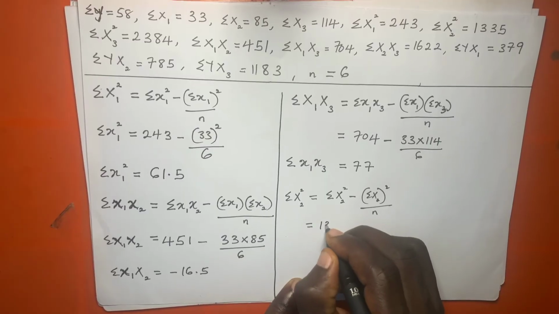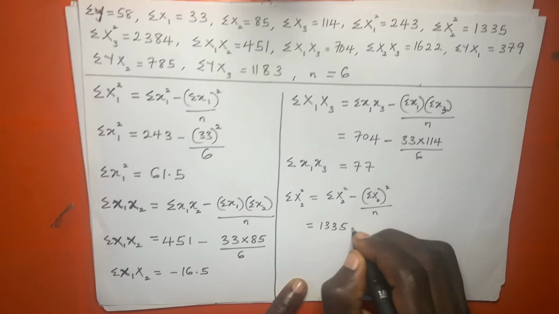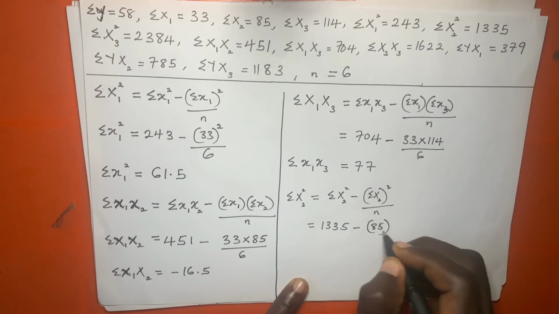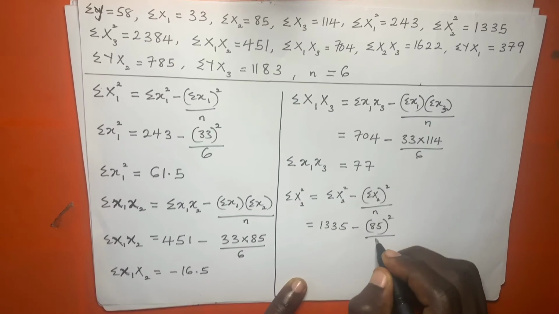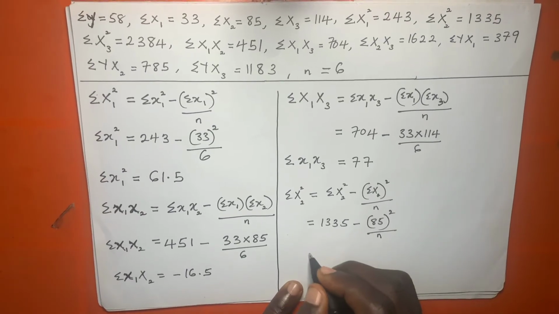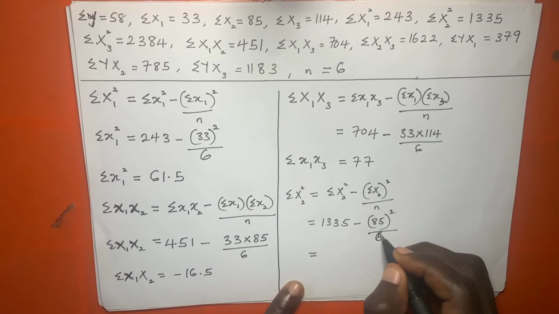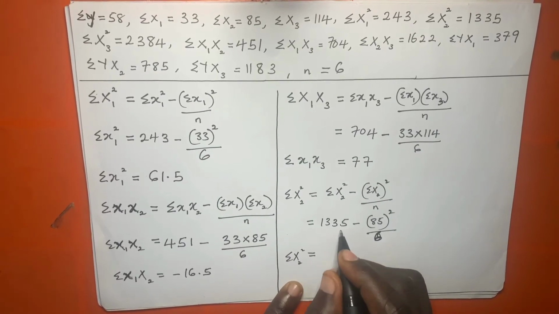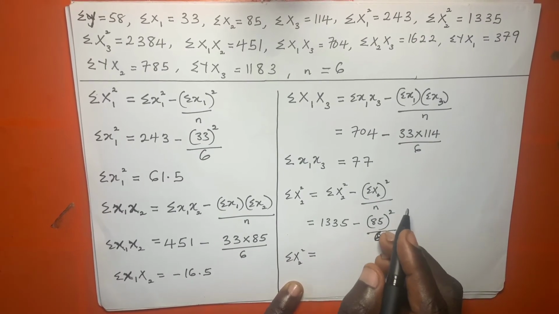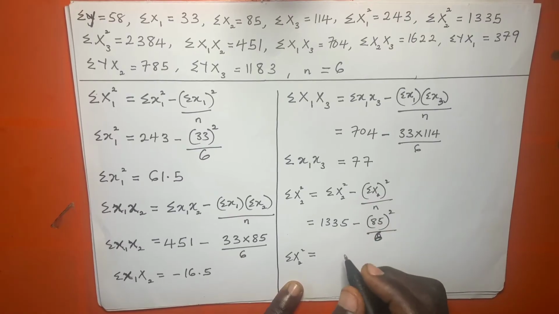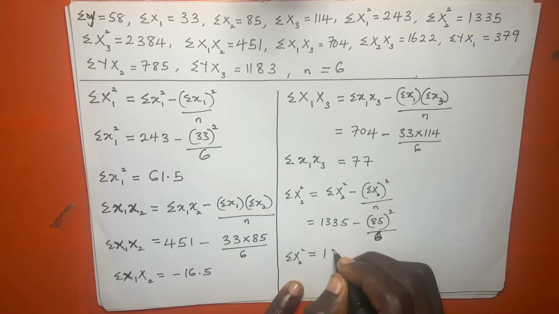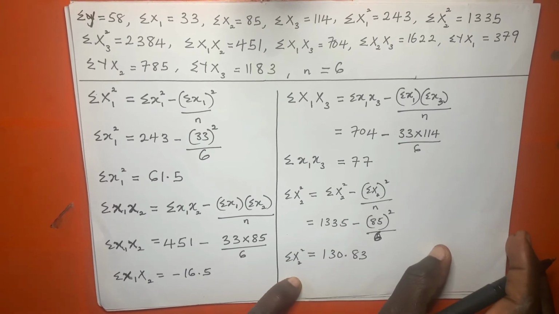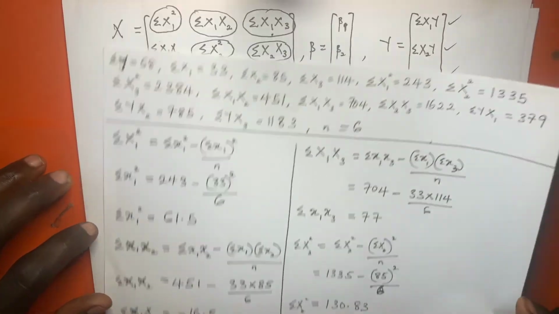So 1335 minus 85 raised to the power 2 divided by 6, and that will give us 130.83. All right, so we've gotten x2 squared.